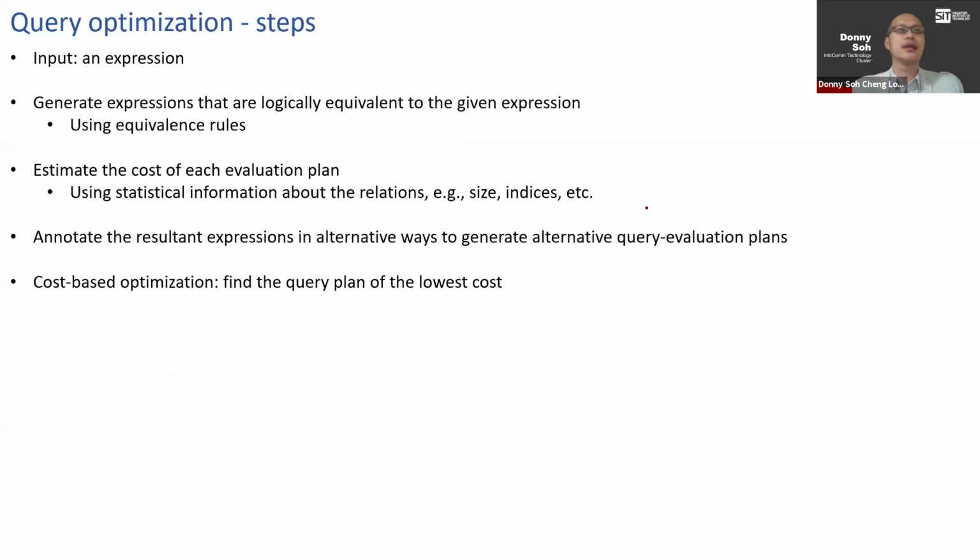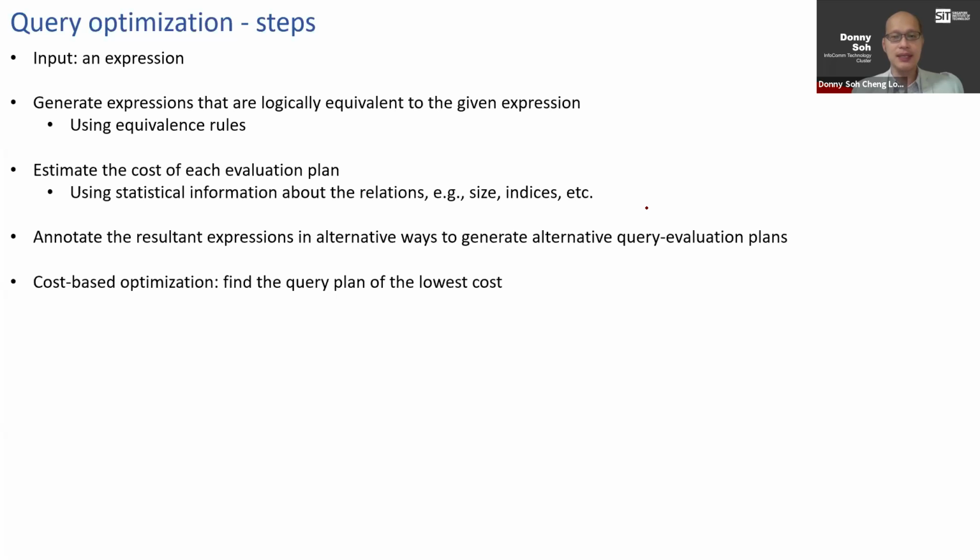Okay, let's look at the steps. So we have the initial expression, and we generate using equivalence rules, and we estimate the cost of each plan, and then we find the query plan with the lowest cost.